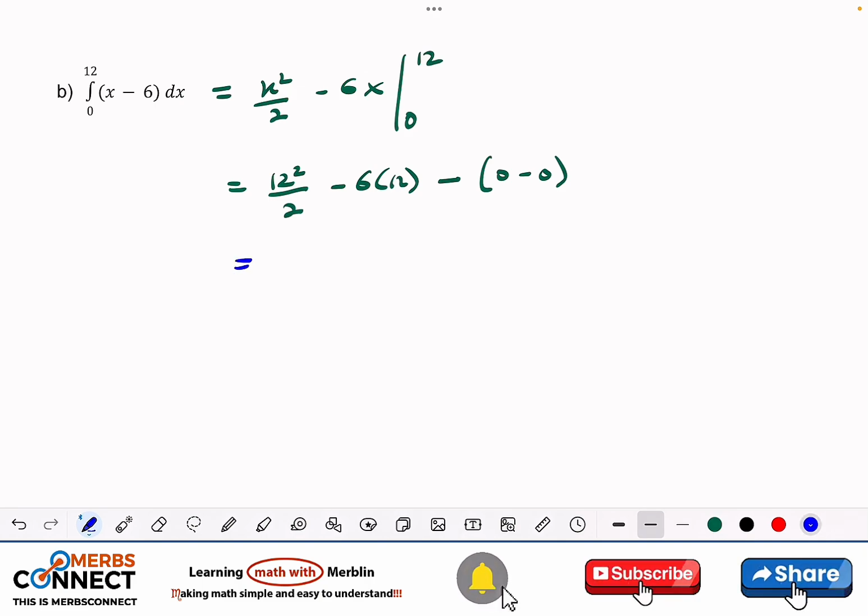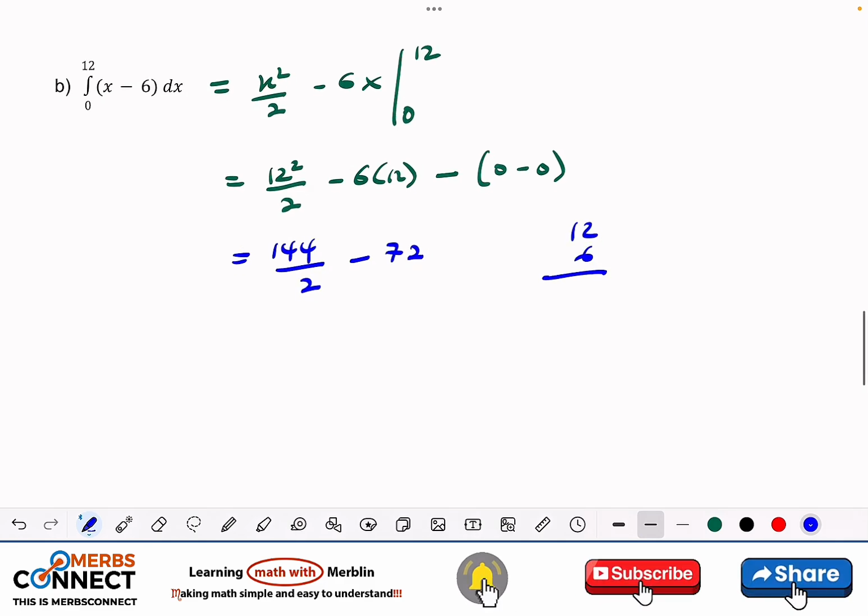So 12 squared is 144 divided by 2 minus 6 times 12 is, I think it's supposed to be 72. Is that right? Let me just check. 6 times 12, 72. Good.